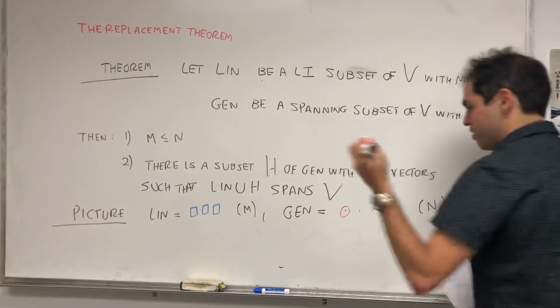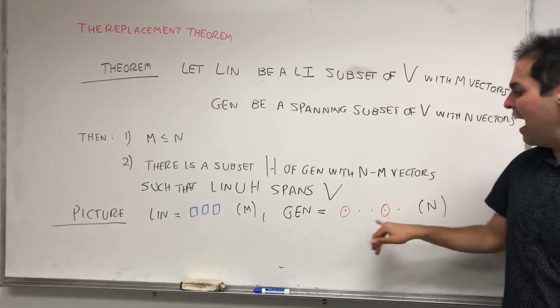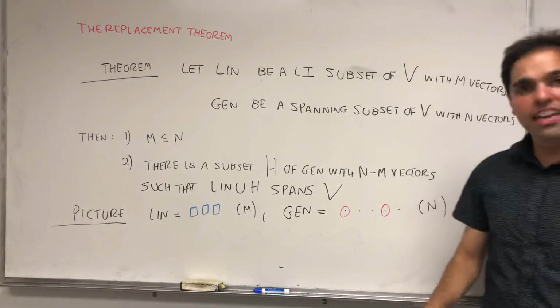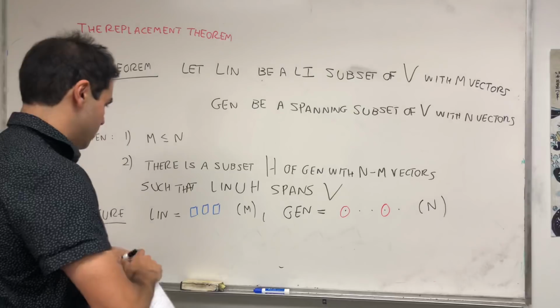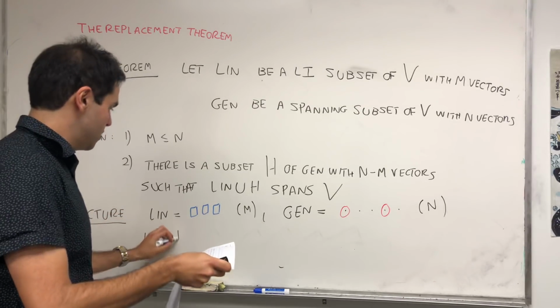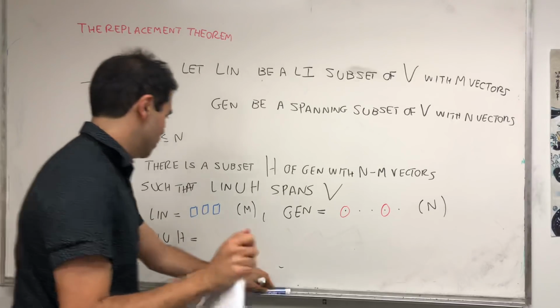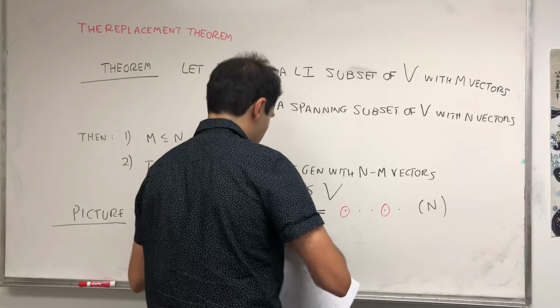Let's say those two, they're really specific ones, such that if you add those red dots to lin, it will be a new spanning set. So in other words, lin union H equals square, square, square, dot, dot.